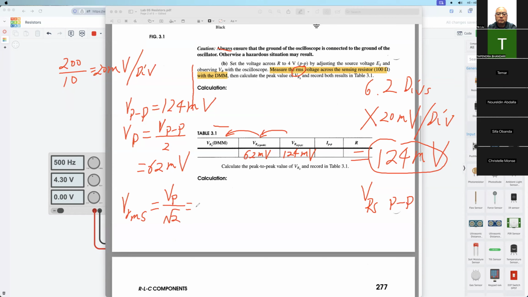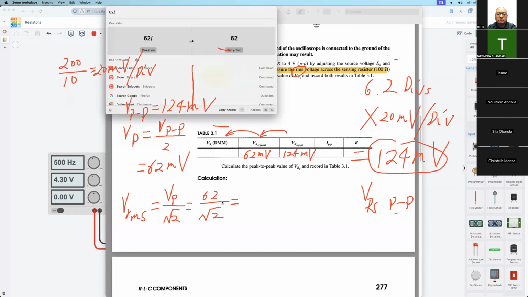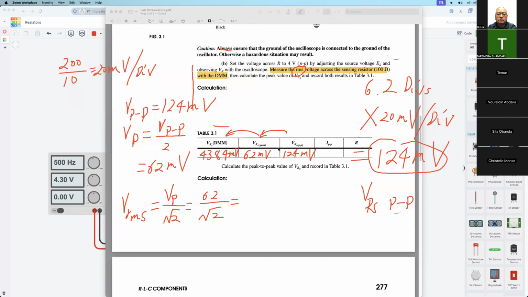So that's 62 over square root of 2, which is 43.84. For this one, it's better to keep 2 digits after the point. So 43.84 millivolt.